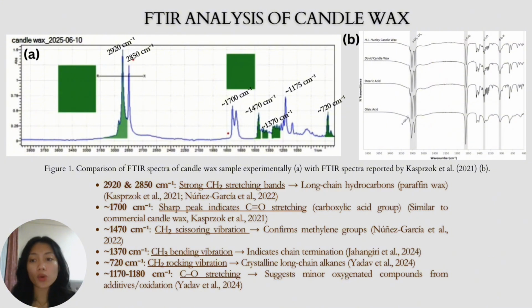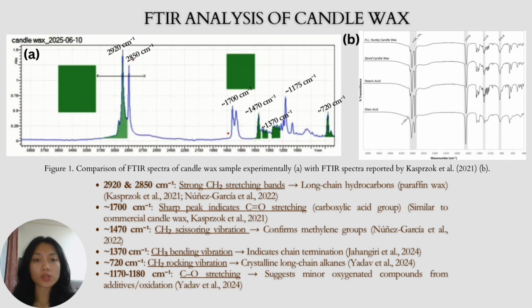The peak at 1370 cm⁻¹ is associated with CH3 bending vibration, which indicates methyl groups at the end of the chains. This suggests that the hydrocarbons have a defined structure with clear chain termination, as supported by Jahangiri et al. 2024.